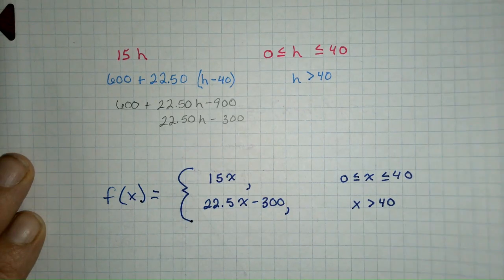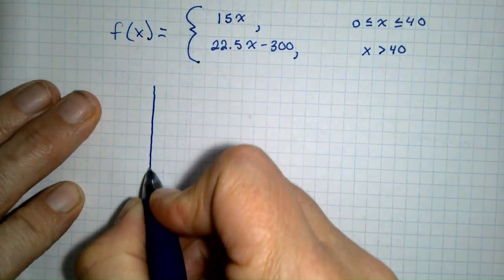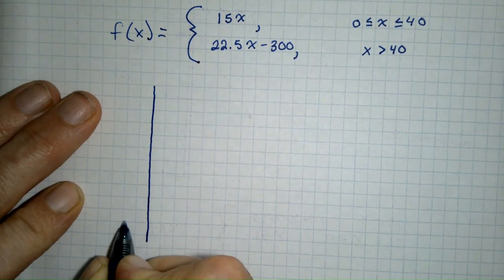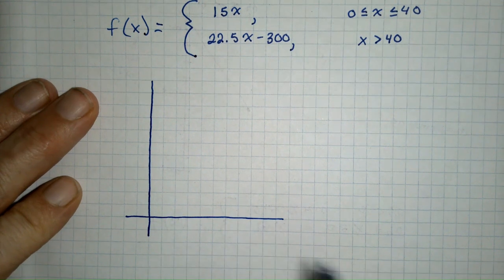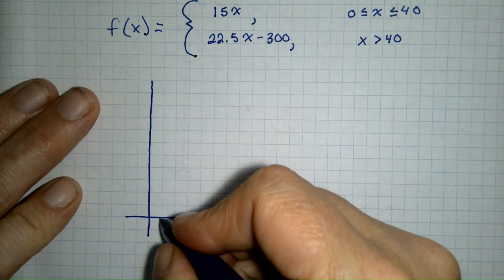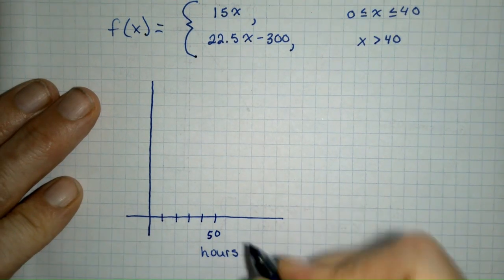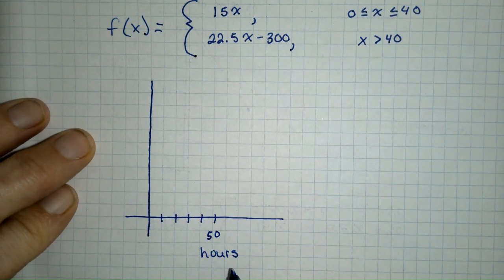So what's that going to look like graphically? When I make graphs for real-life examples, I make sure that I number according to something that makes sense. So my hours, instead of going all the way by 1s to 40, I'm going to use 10s. 10, 20, 30, 40, 50. And you'll notice I labeled my independent axis.